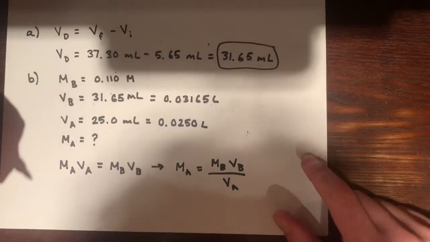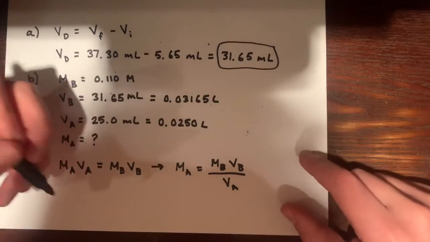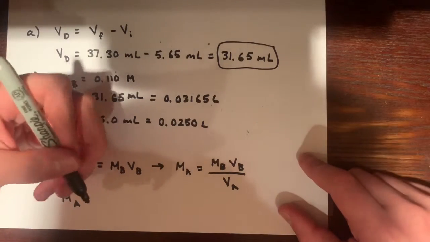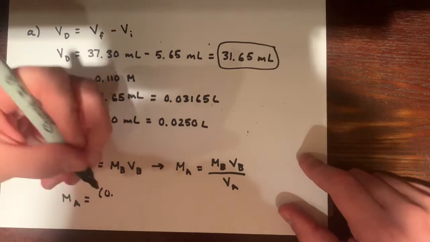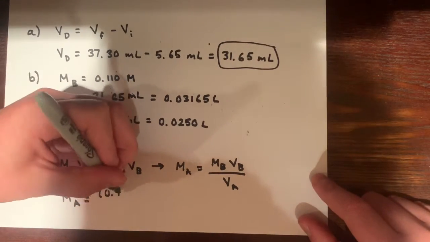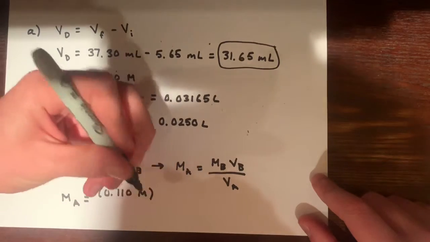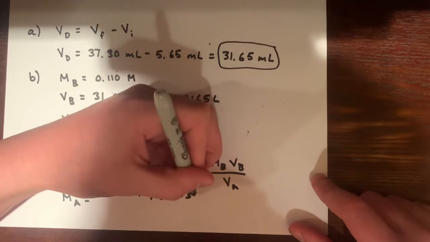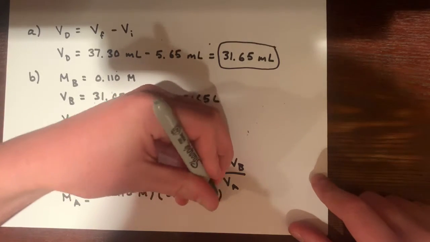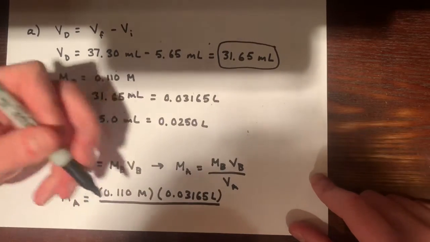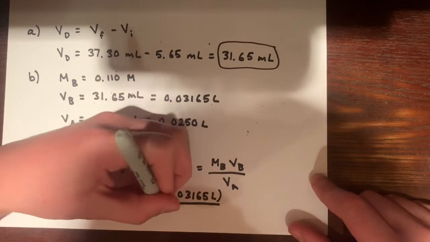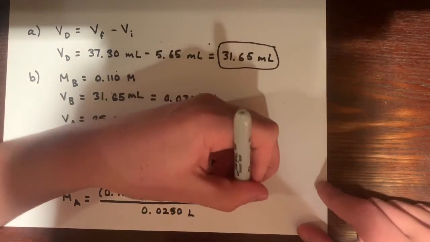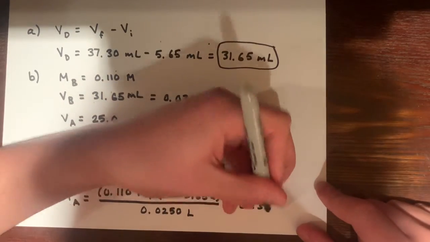So when you set that up and plug in the numbers, MA is 0.110 molar times 0.03165 liters over 0.0250 liters, and that all equals 0.139 molar.